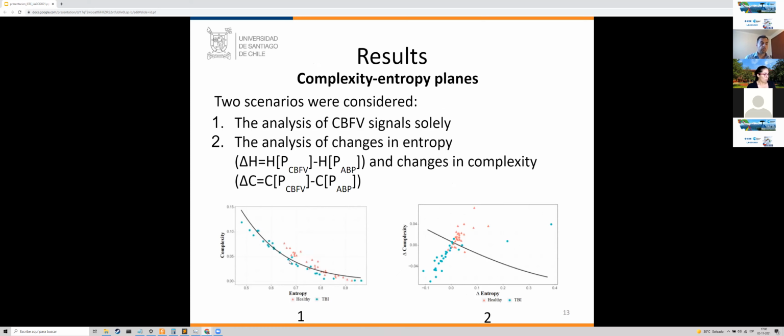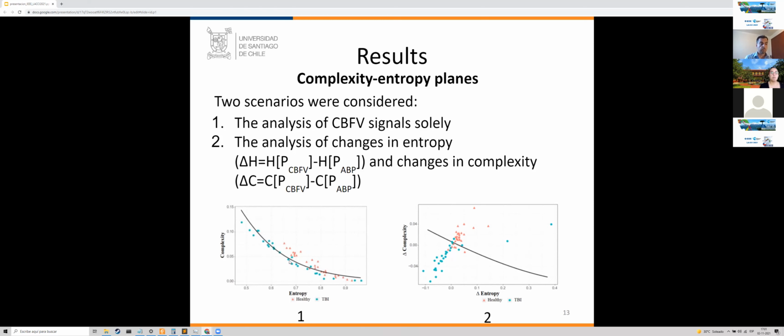So, regarding our results, in the construction of complexity entropy planes, two scenarios were considered. First of all, we consider the analysis of cerebral blood flow velocity signals solely. And secondly, the analysis of changes in entropy and changes in complexity.